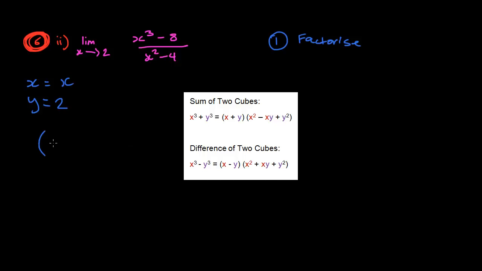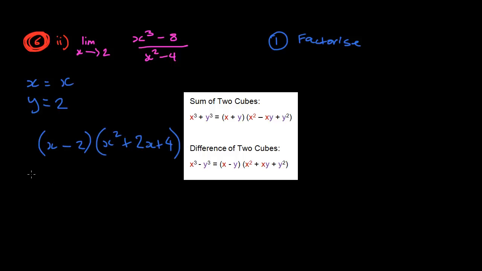So we have x minus y, so x minus 2, and then we have x squared, plus xy, which is 2x, and then plus y squared, which is just 4. Now, that's pretty much it.